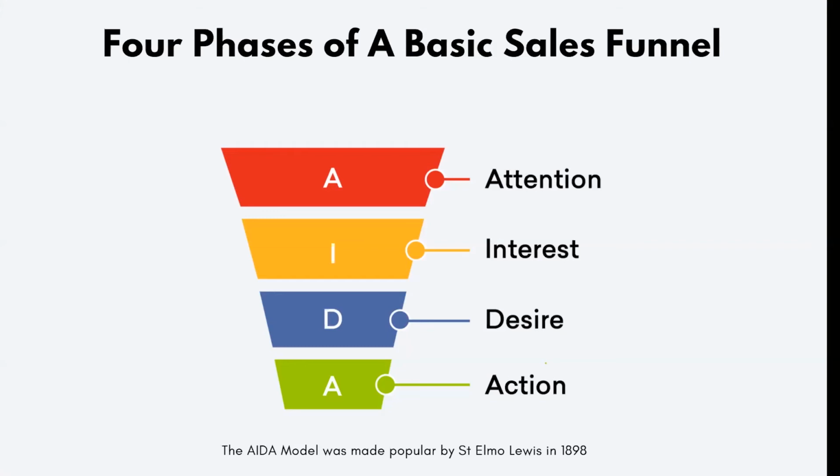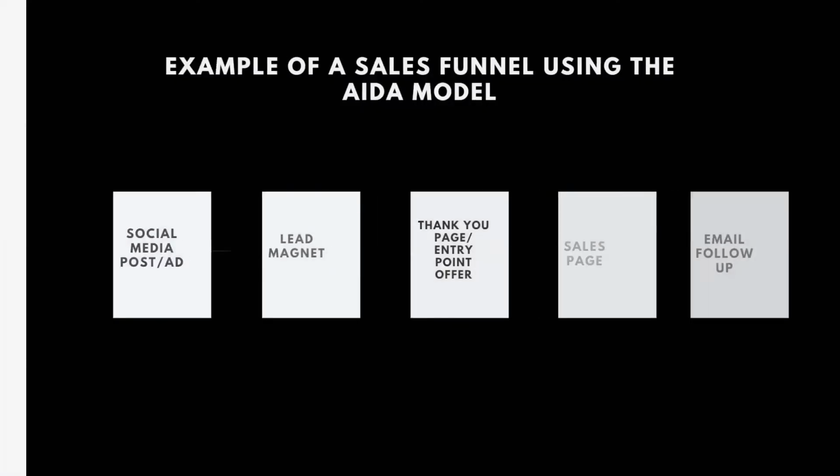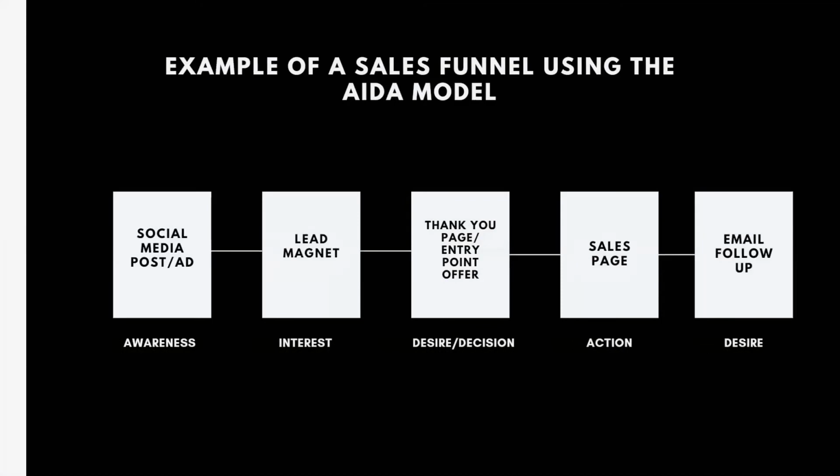Let's quickly look at an example of a sales funnel using the AIDA model, say for a coach, a consultant or a trainer. First of all, you make them aware with a social media post or ad. When they become aware, they interact with your ad, clicking on the link in the ad or your post.